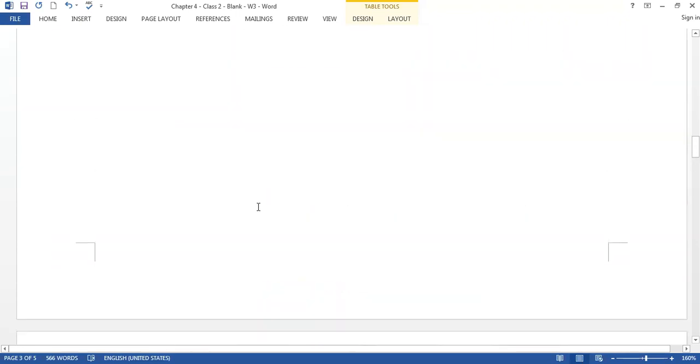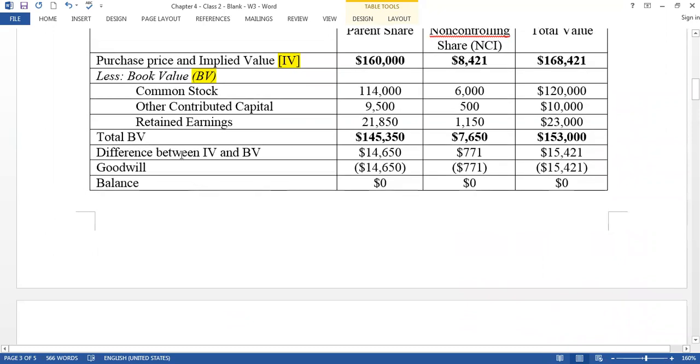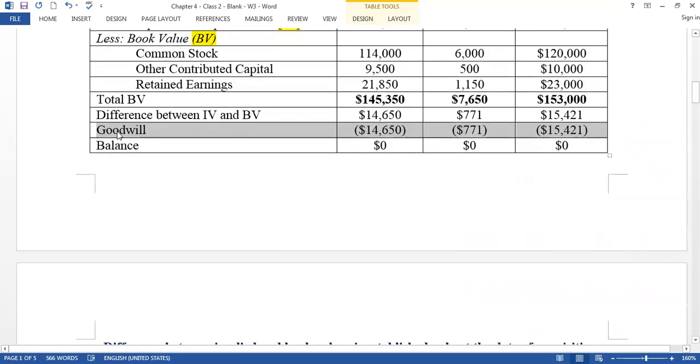Can you remember, in the non-controlling interest, we have a difference column? We transfer the difference to which account? We transfer the difference to the goodwill account, right? It should go under the balance sheet because goodwill is an asset.